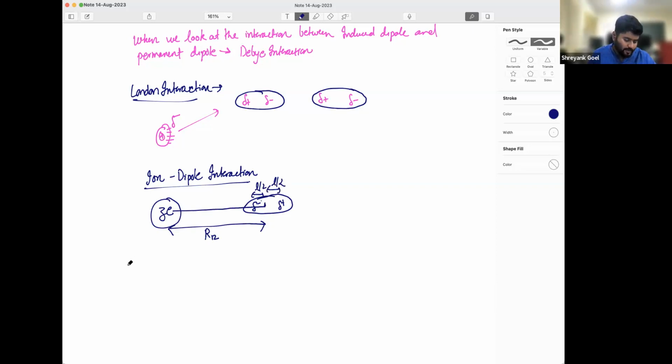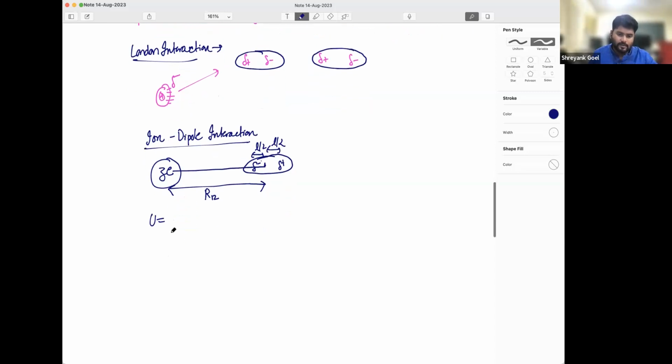The formula that comes out for the interaction energy of the system is Z E Q L by 4 pi epsilon naught, 1 by R12 square. So this is for the case of ion dipole interaction. The derivation is there in the lecture, but I'm just summarizing it. If you have any doubt in this, you can ask.